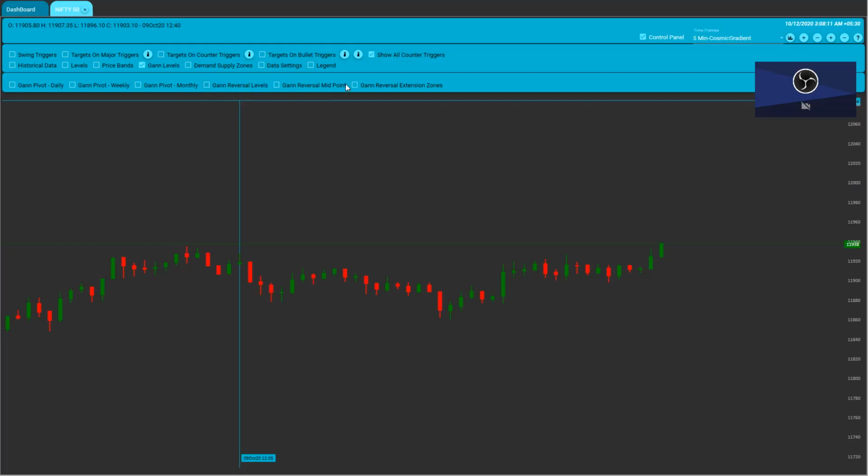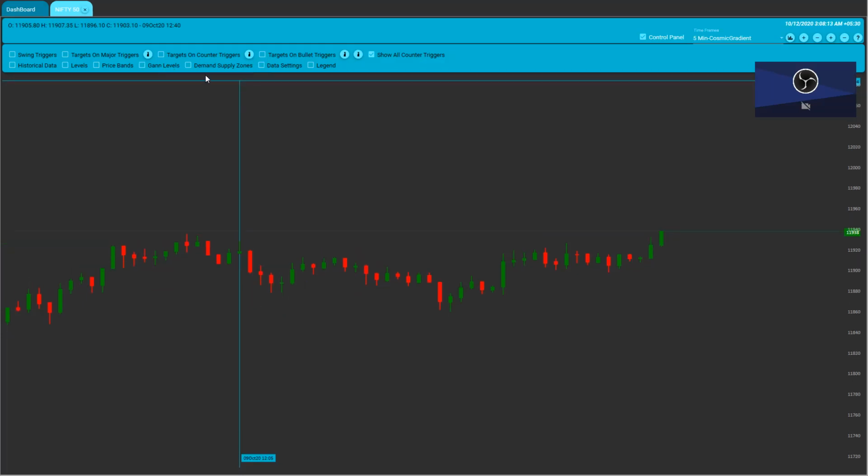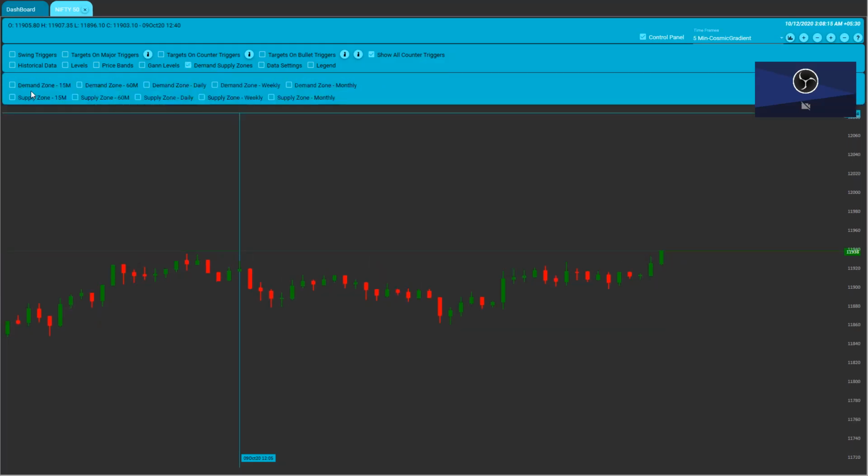Then demand zones and supply zones. Since we are using the 5-minute time frame, we can apply the 15-minute, 60-minute, daily, weekly and monthly time frames for demand zones. These are for your reference, for noting down the levels. But the major usage will be of the 15-minute time frame only, demand zone and supply zone.